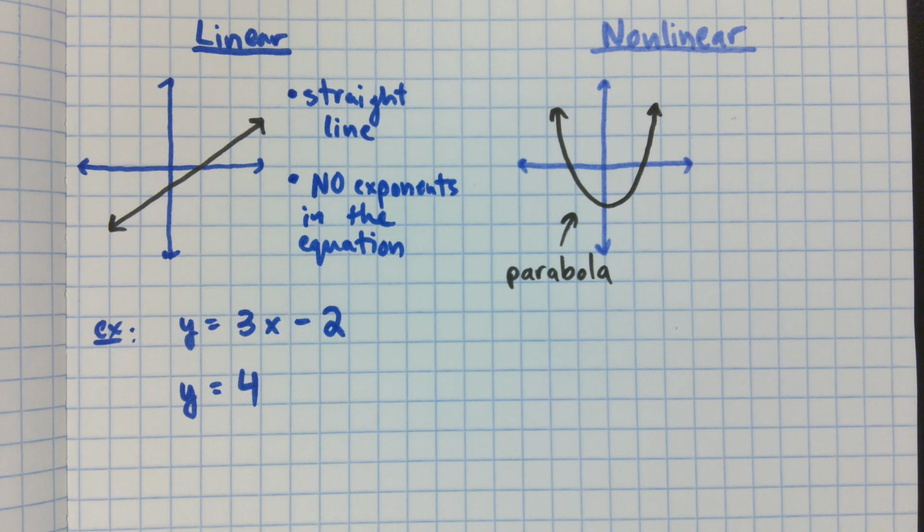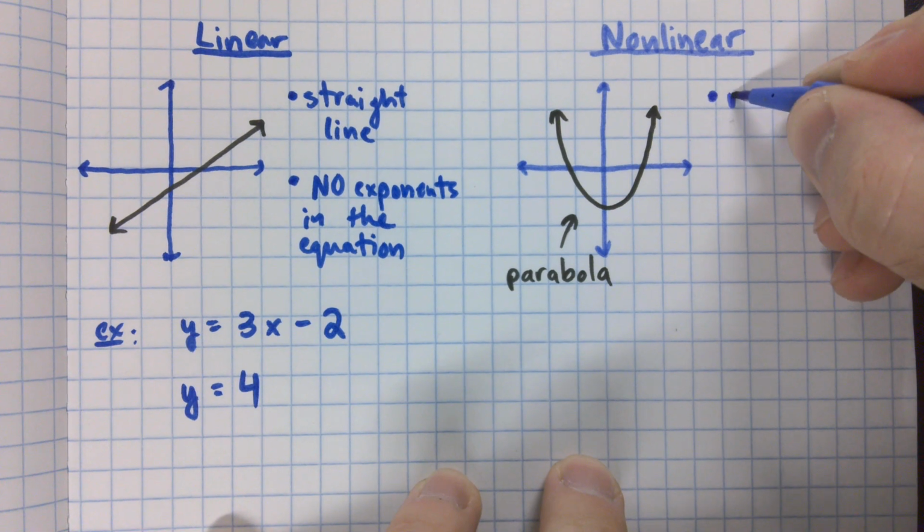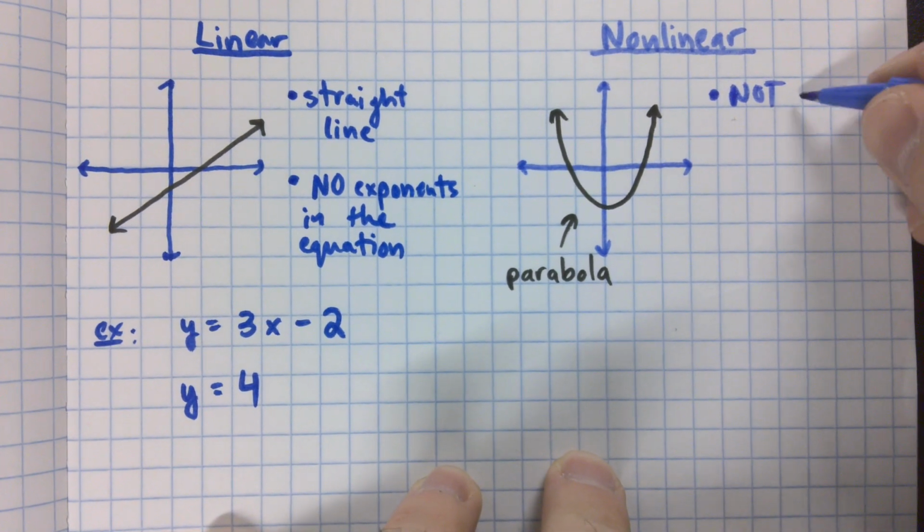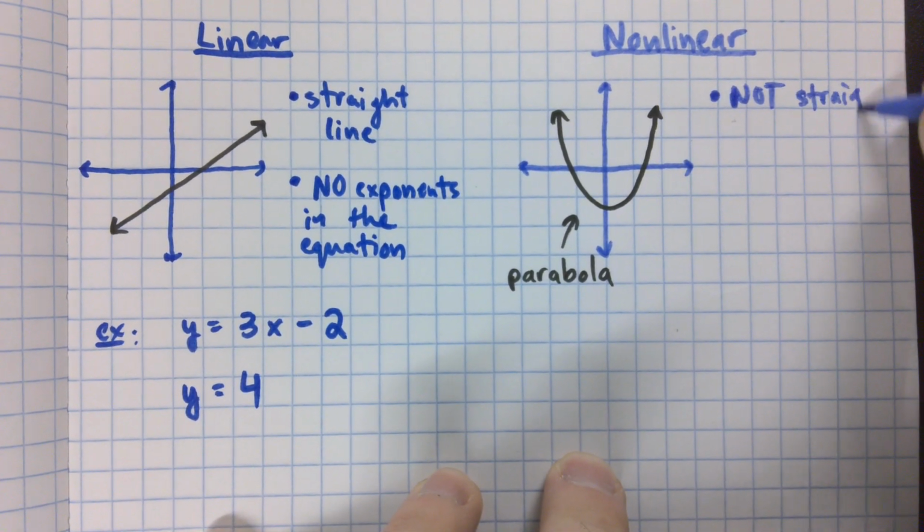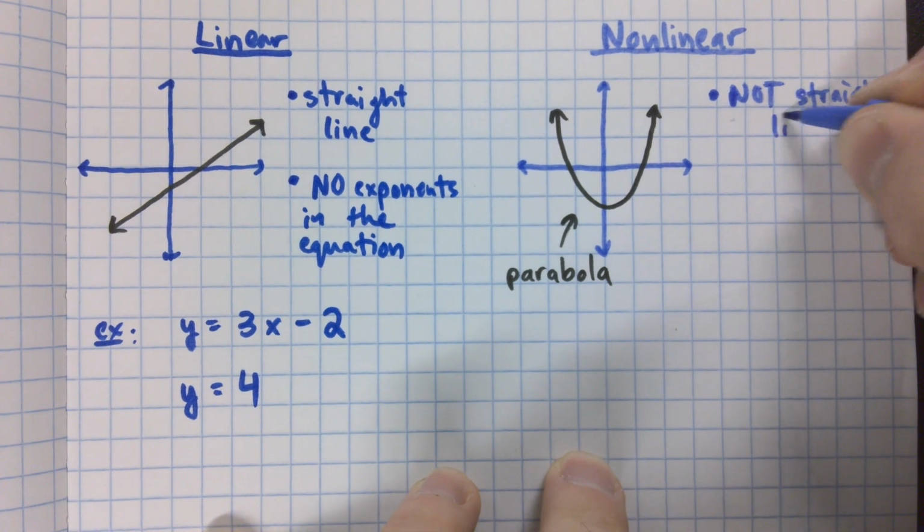Now, it could be a U facing up, a U facing down, a U facing left, or a U facing right. But it's always going to look like a curve like this. So we know that nonlinear functions are, of course, not a straight line. Does this look like a straight line to you?